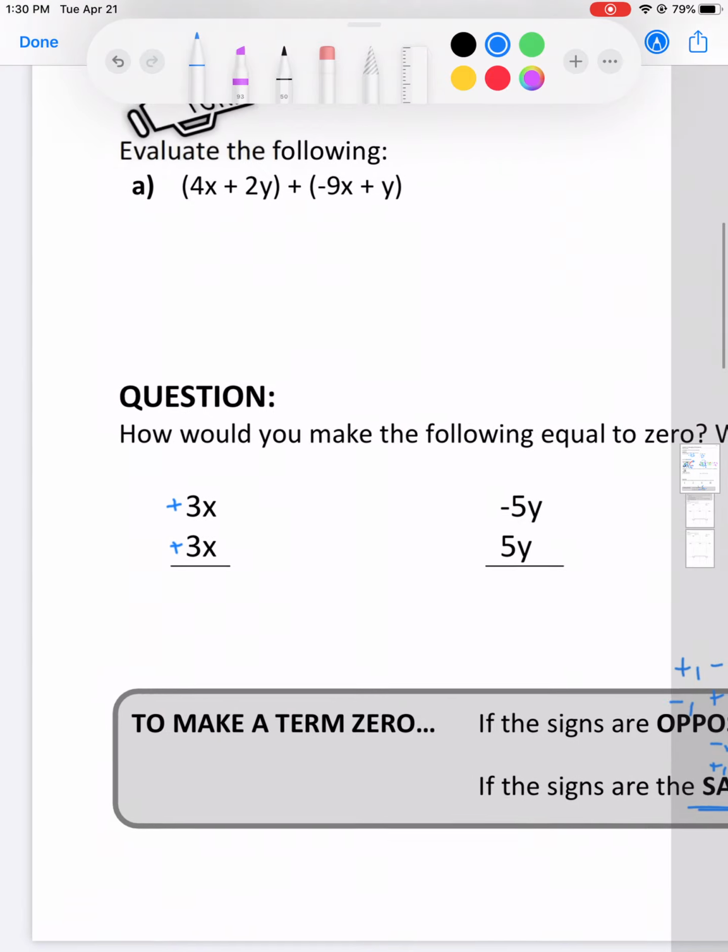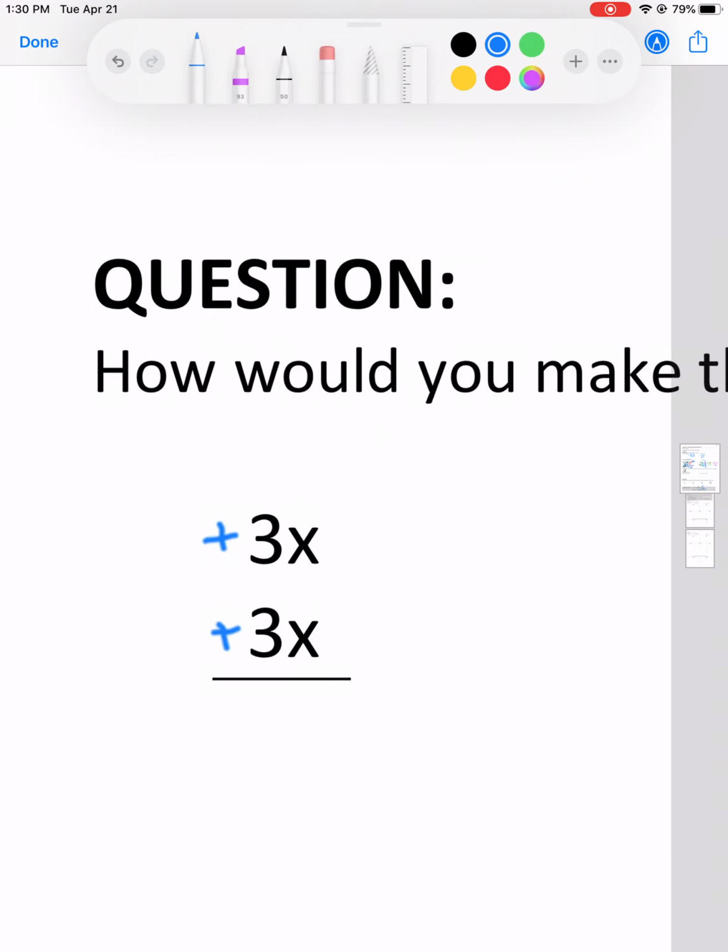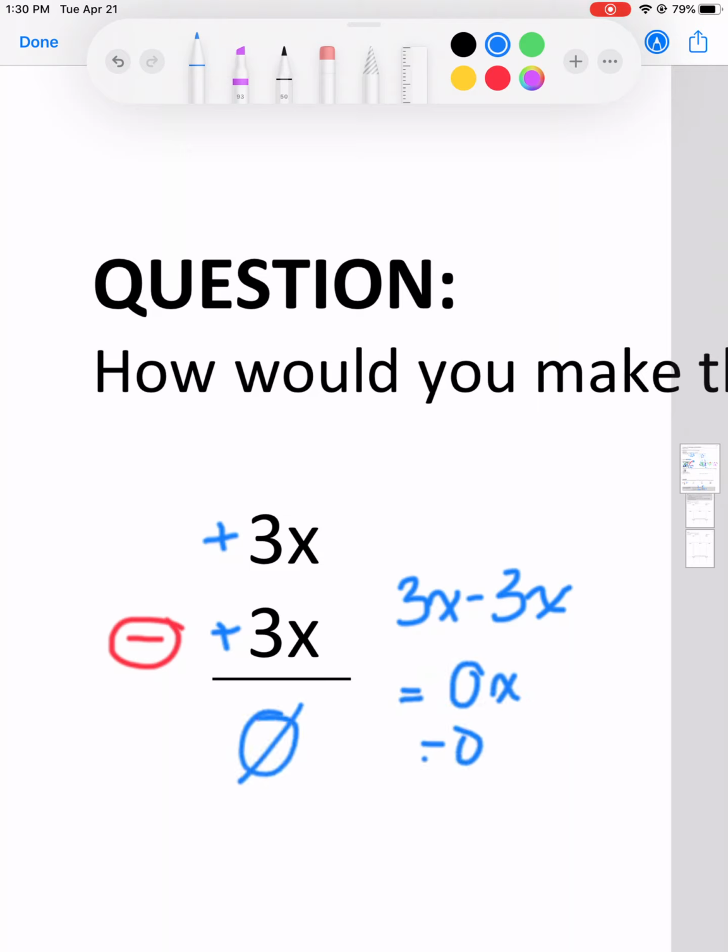Subtract. So what's 3x minus 3x? Well, it's 0x, which is just 0. So it's 0. Good for you. So we eliminated the x.